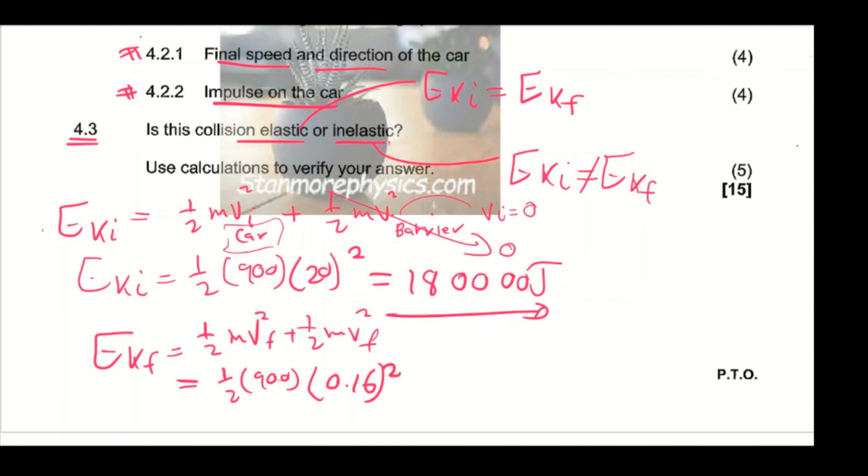So you square it, and then add 1 over 2, the mass of the barrier, which is 3200.